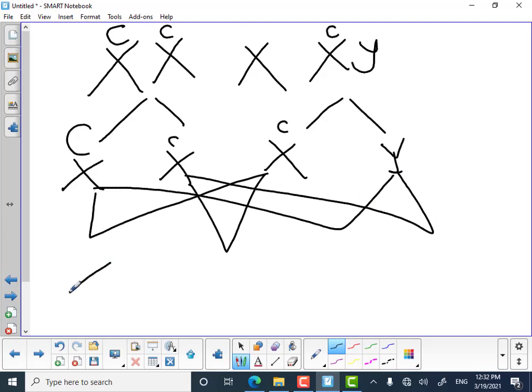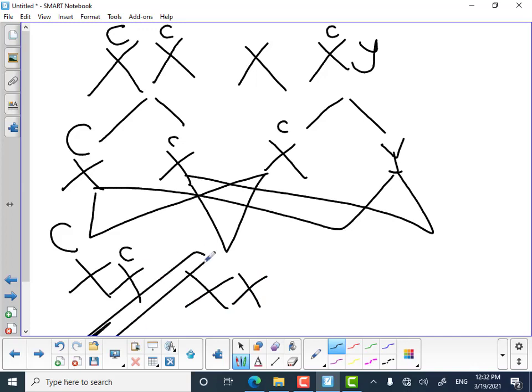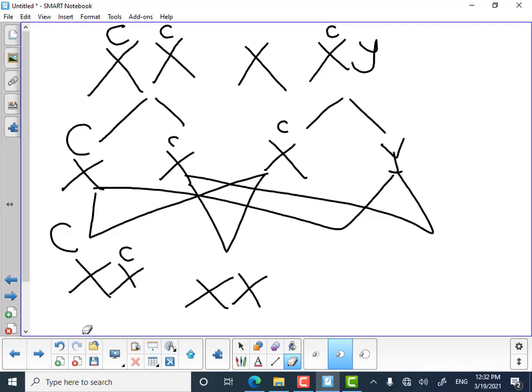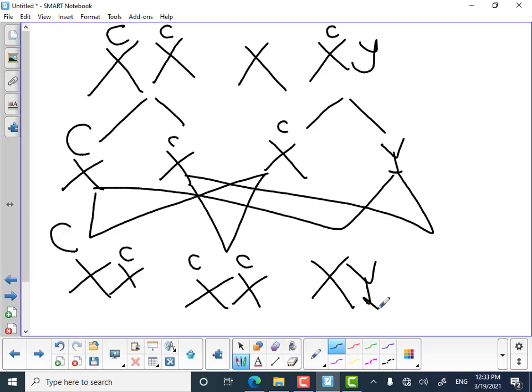X capital C, X small c, X capital C, Y, X small c, X small c, X small c, Y. That is female, and it is normal due to carrying the dominant C.